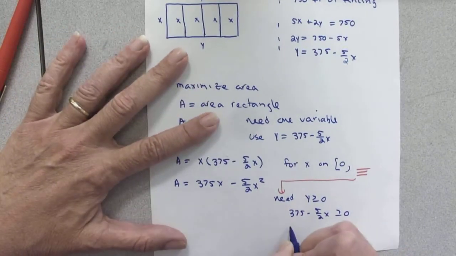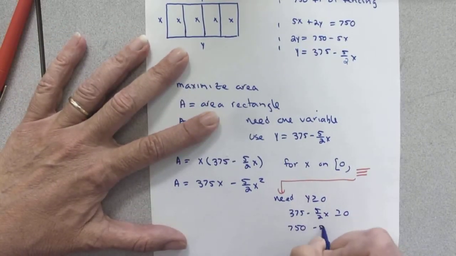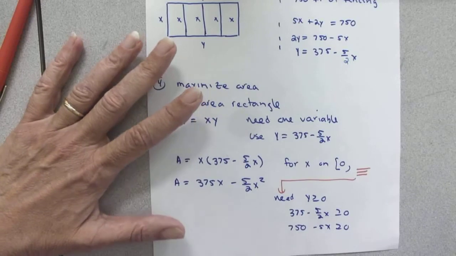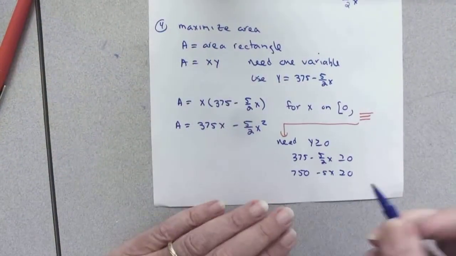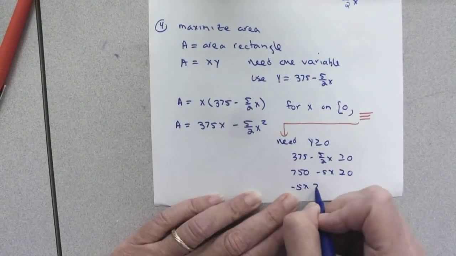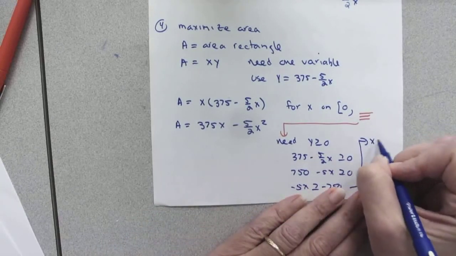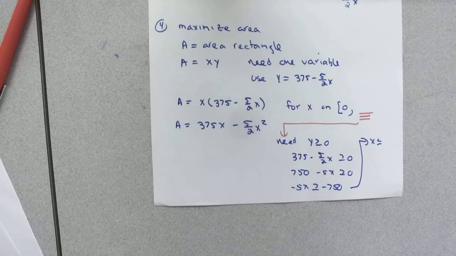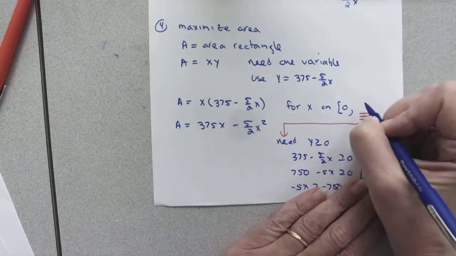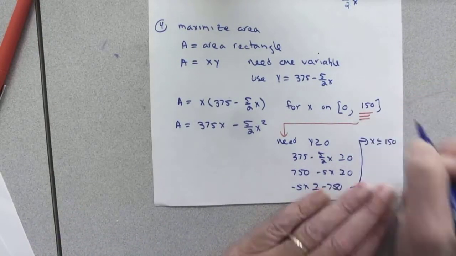Multiply everybody by 2. So that'd be 750 minus 5x is greater than 0. Negative 5x is greater than negative 750. And so x is less than or equal to, dividing 750 by 5, 150. And so there's my top number.